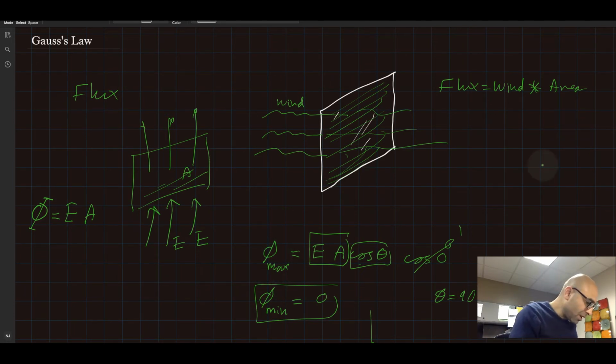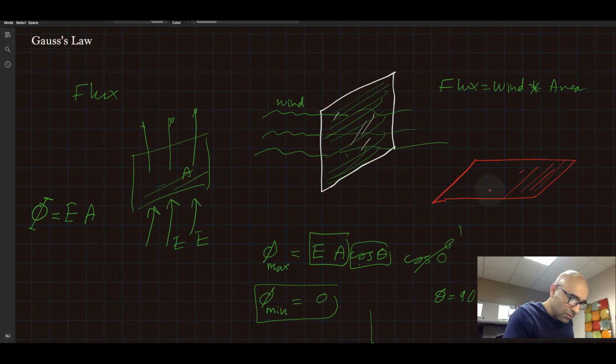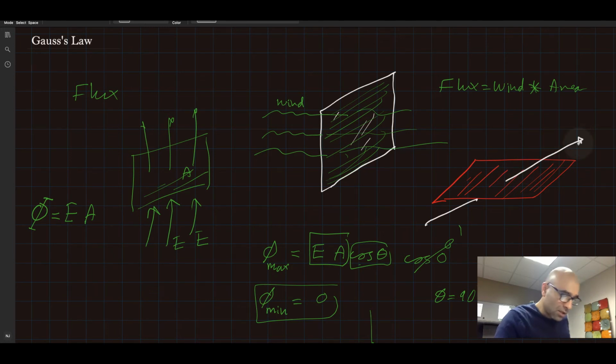Let me explain that here. Let's say we have a surface area that is like a table, sitting parallel to the ground, and there is an electric field line coming this way, goes through the surface area and comes out from the other side. So this is the electric field. Now the direction of this surface area is basically the normal to the surface area, as we said.